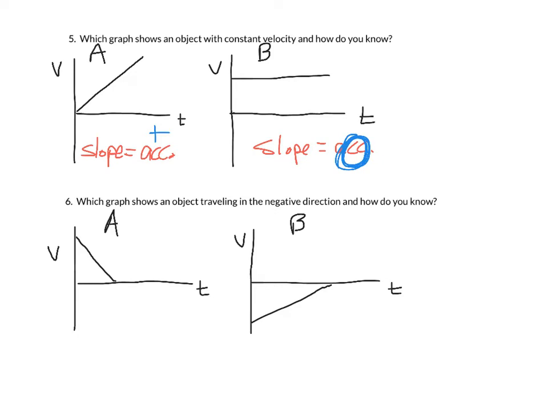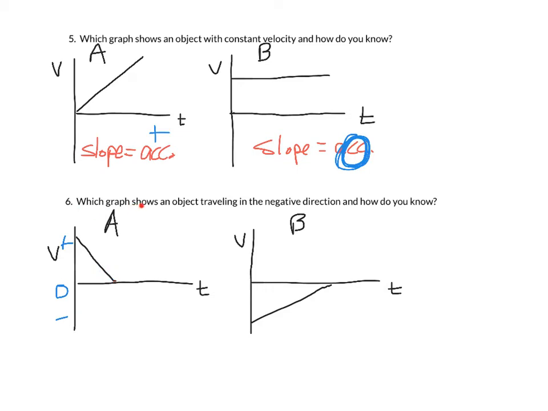Remember, if this is zero, those are positive, those are negative. So this starts with a positive velocity, and the line is getting closer and closer to what? Zero velocity. So this graph is showing positive, fast velocity that's getting smaller and smaller, closer to zero velocity.